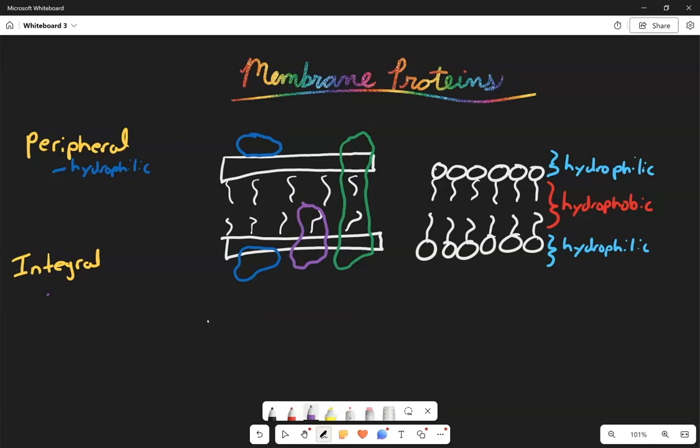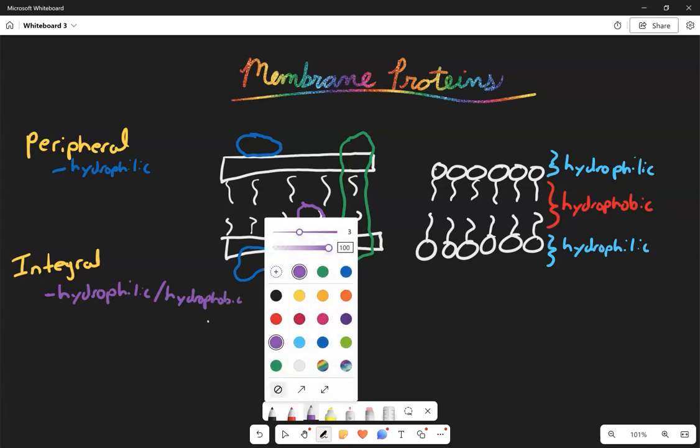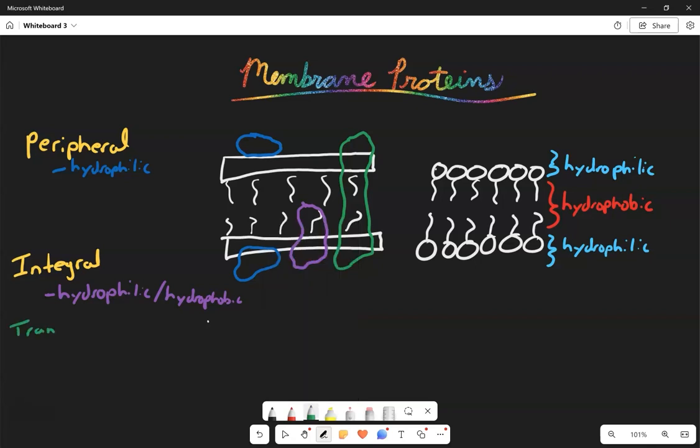This is just an integral protein, and it has a hydrophilic region, and it has a hydrophobic region. Okay? In green, this is what we refer to as a specialized integral protein known as a transmembrane protein, because it spans the entire membrane.